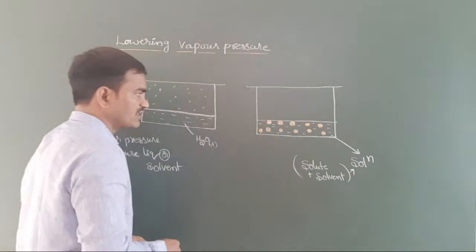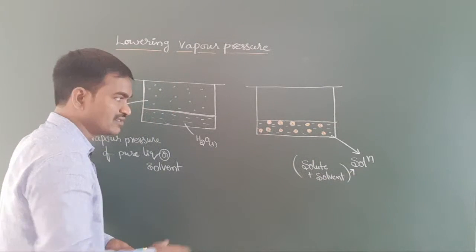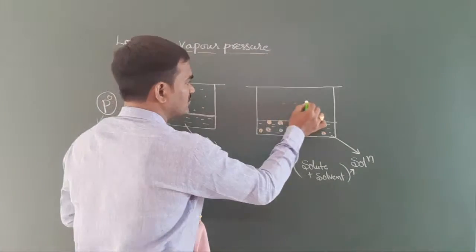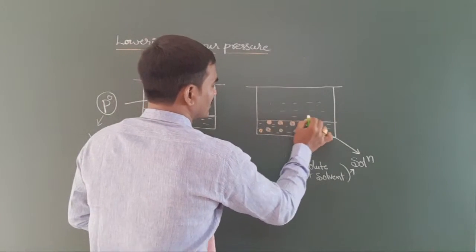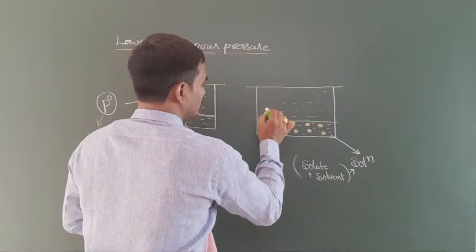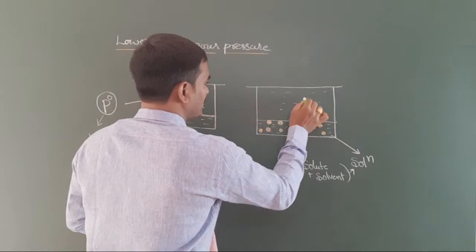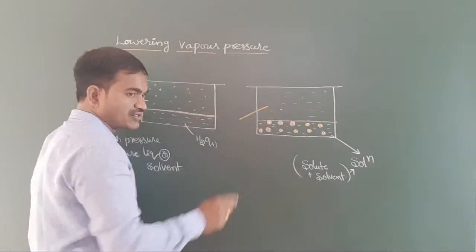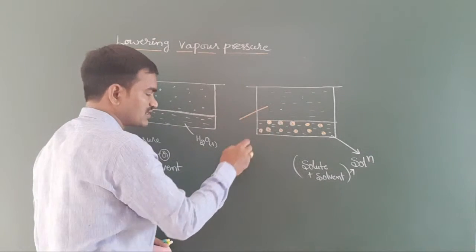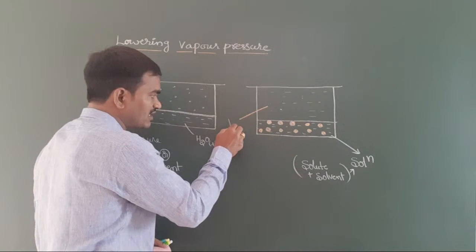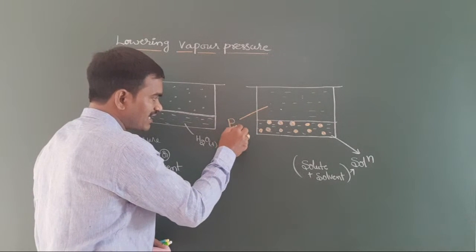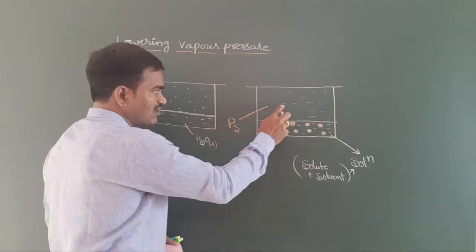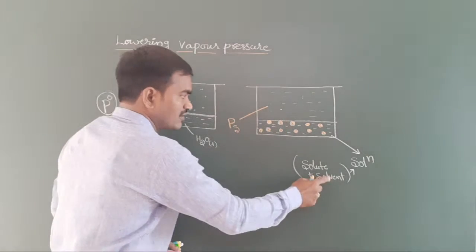After addition of the non-volatile solute, the vapor pressure decreased. Now it is a solution, no? Its vapor pressure we take as PS, because it is the vapor pressure of the solution. Okay, is it clear?